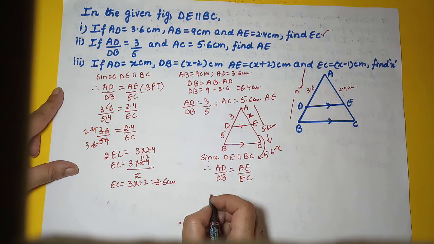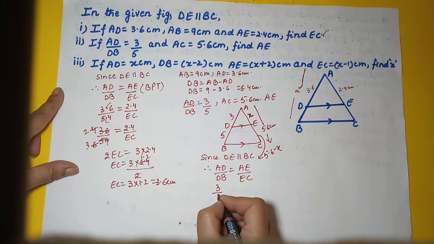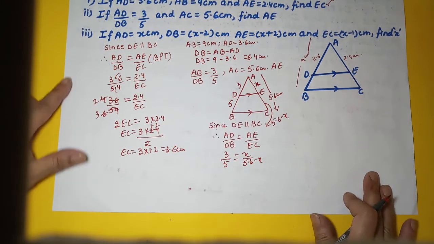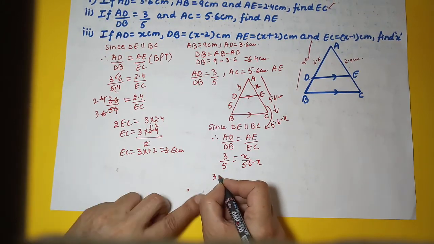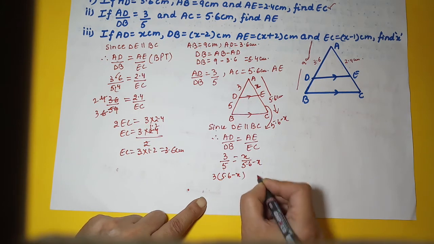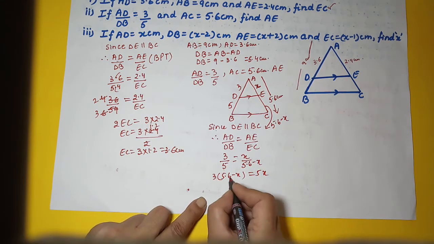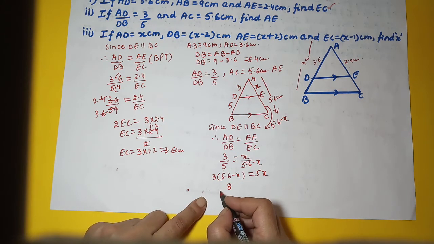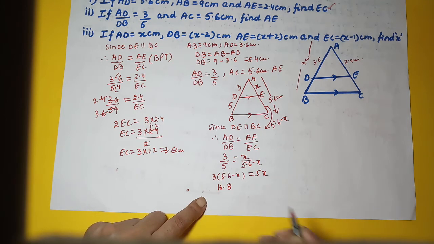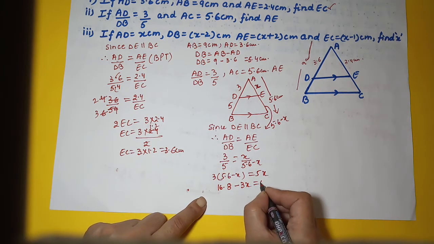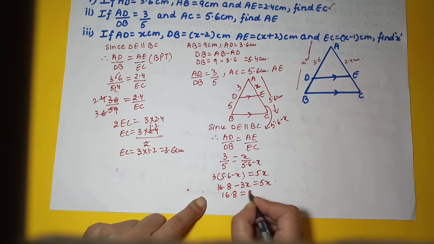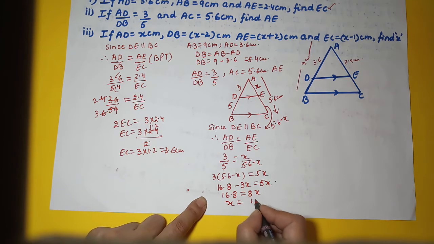So I have AD as 3, DB as 5, AE as X and EC as 5.6 minus X. Cross multiply, I'll get 3 into 5.6 minus X is equal to 5X. 3 times 5.6 is 16.8. So 16.8 minus 3X is equal to 5X. If I shift this to this side, I'll get 16.8 is equal to 8X.